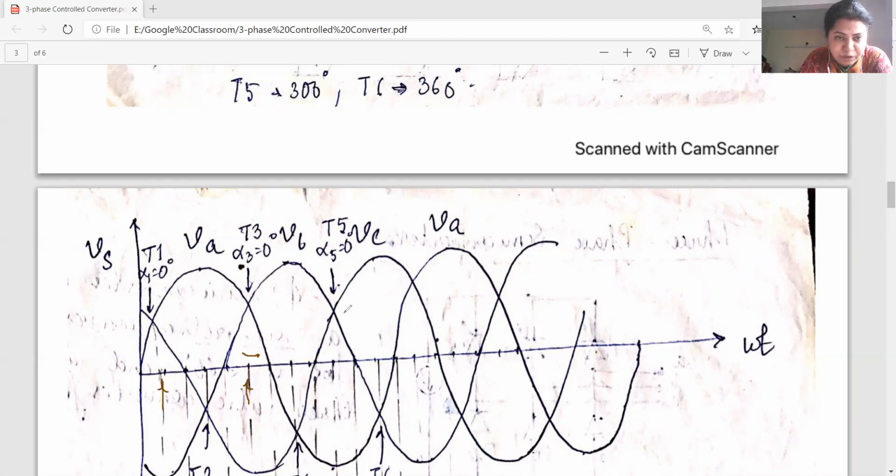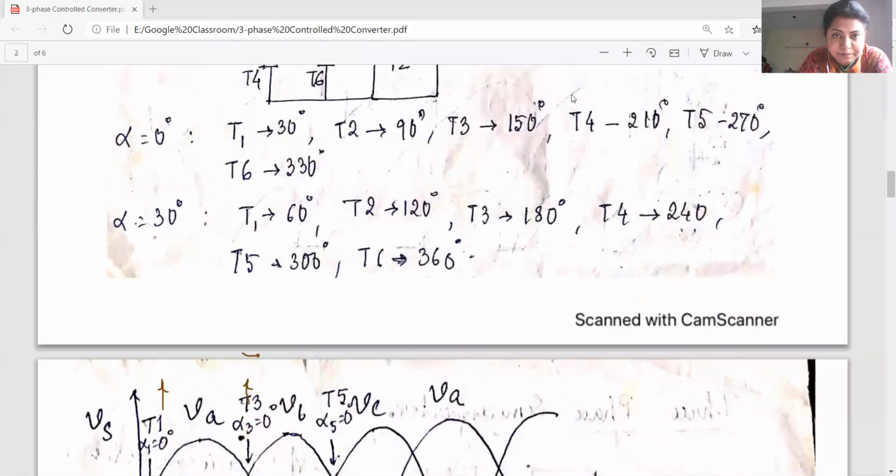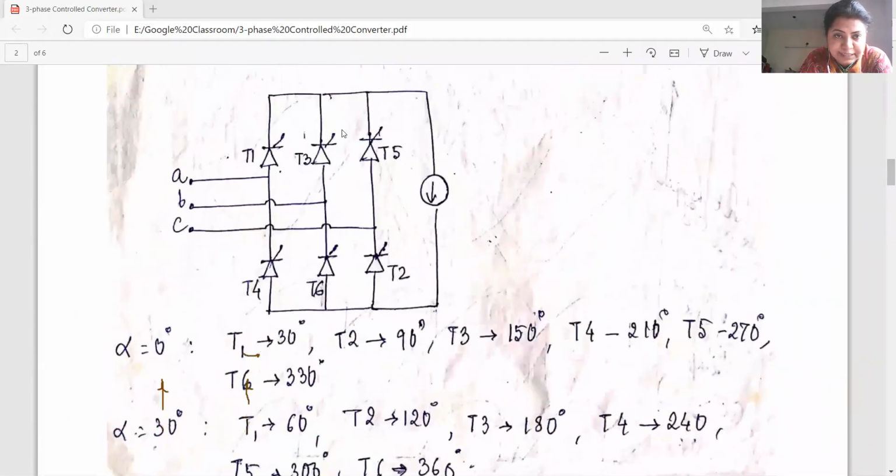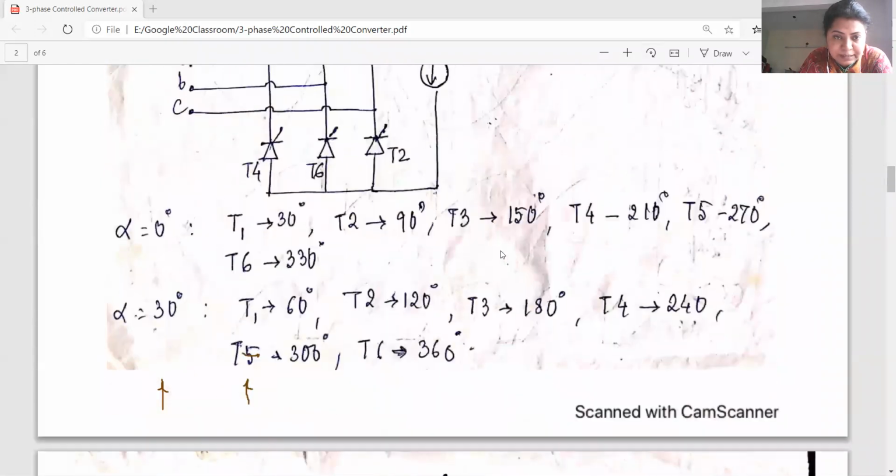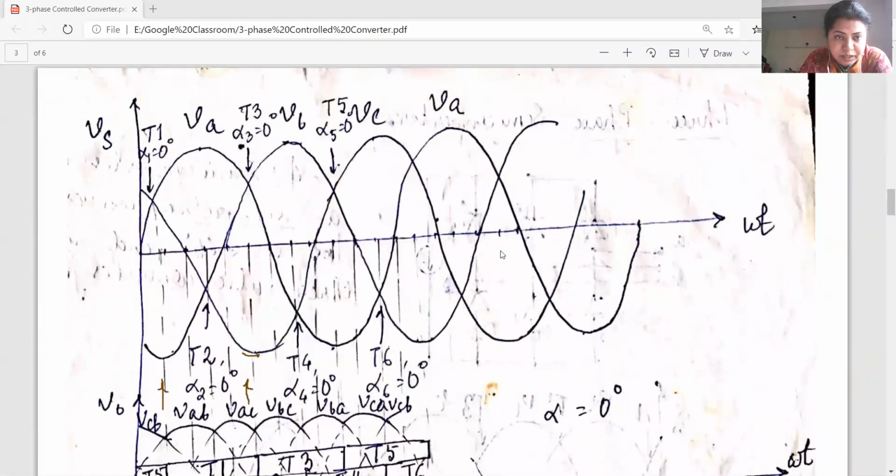VB is maximum positive. VB is maximum positive means T3 is forward biased. So here T3 is forward biased from omega t equal to 150 degree to omega t equal to 270 degree.